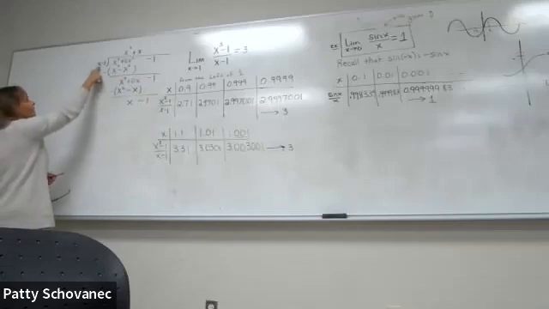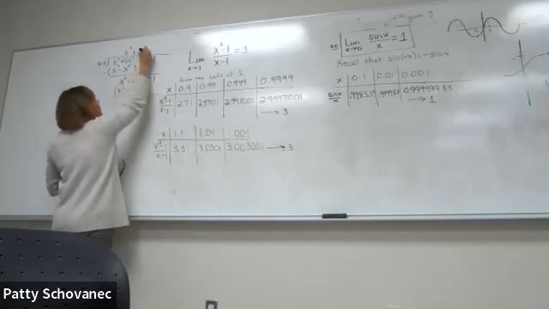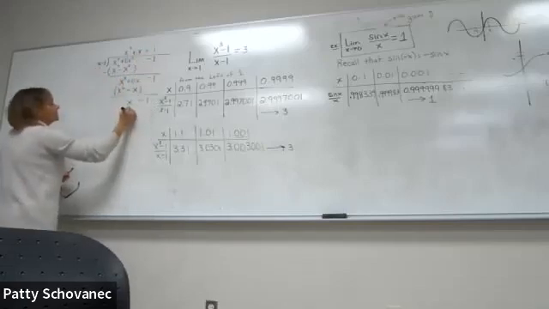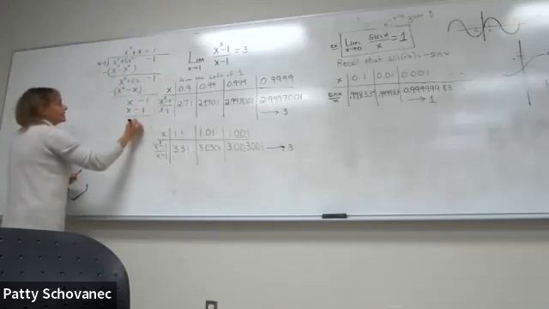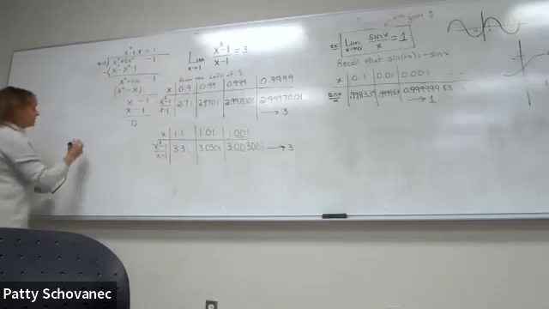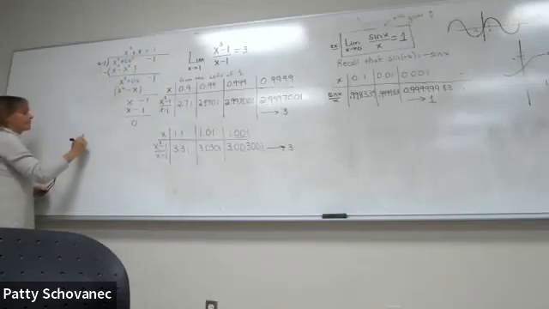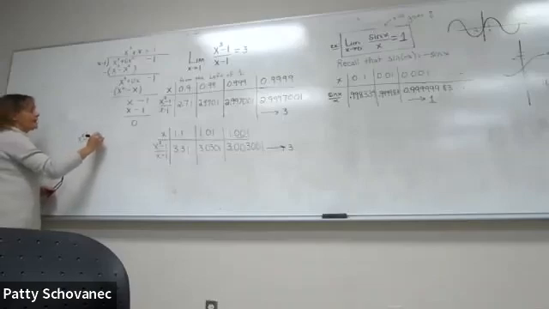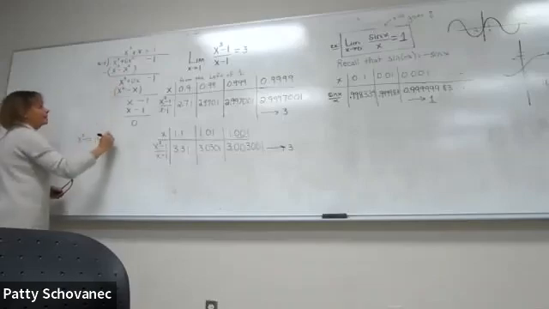Now I can see that if I multiply that by 1, I get x minus 1. And so I get 0. So what that's telling me is that that x cubed minus 1 factors as x minus 1 times that guy.